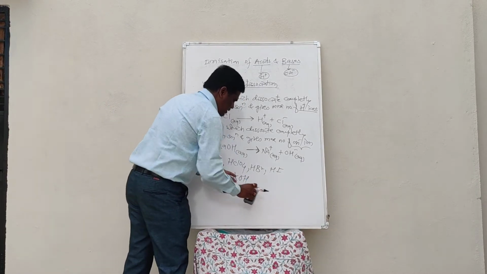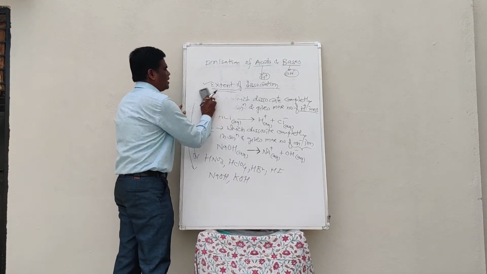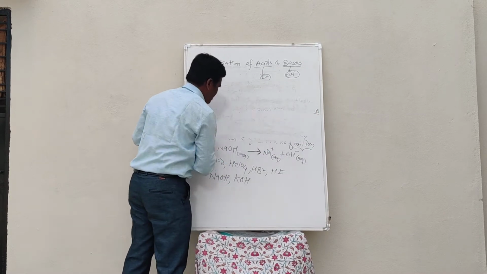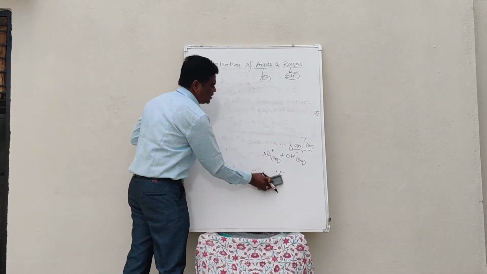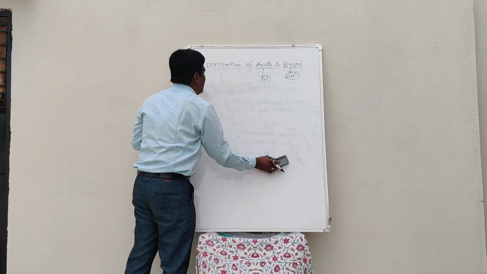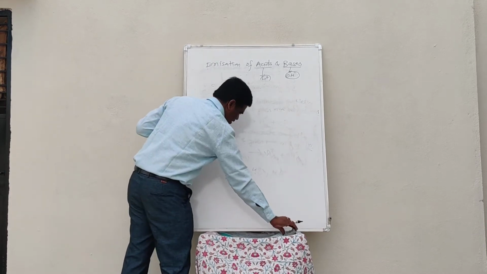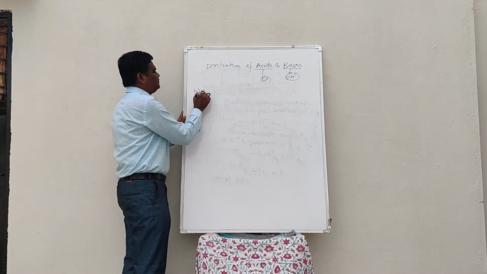Now another thing you have to remember is the ionization of weak acid and weak base. Its ionization also depends upon the extent of dissociation. So what is the meaning of weak acid?